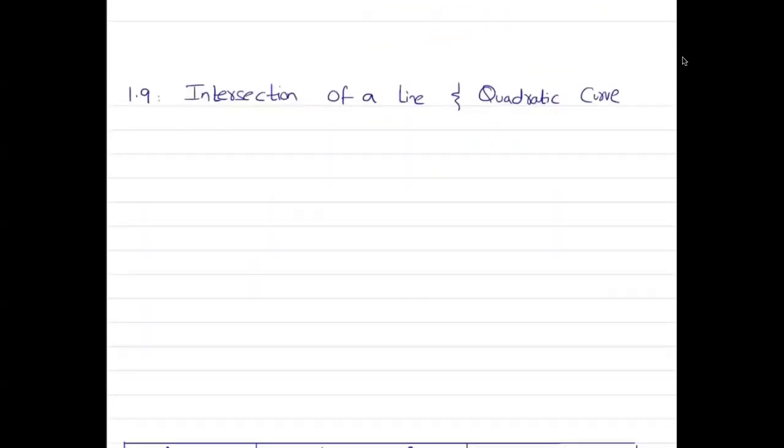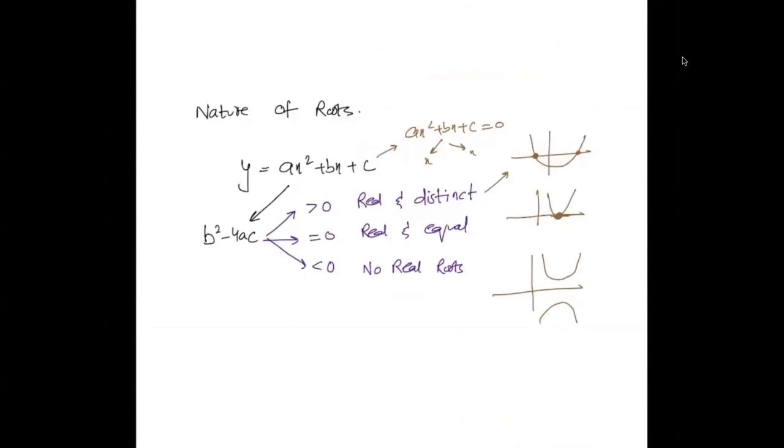Now, in today's class, I'm going to extend this. In the exam, we just need to write if it's real and distinct, or real and equal, or no real roots. That's it. I'll tell you what types of questions are going to come in the exam.